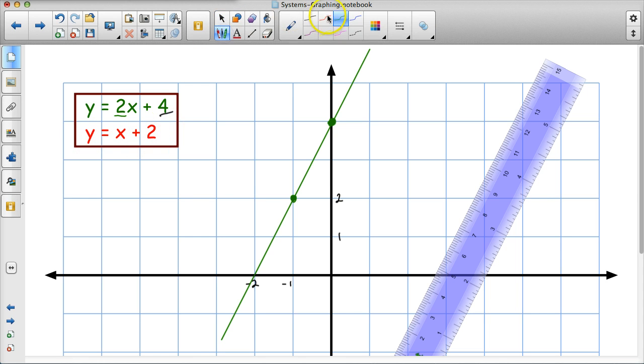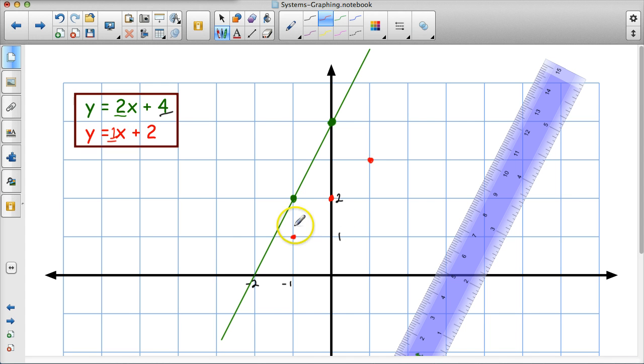I'm going to go through the same procedure. So I graph my y-intercept of 0, 2. I have a slope of 1 because there is no coefficient in front of x, so I know that 1 can be written there. That means that from my y-intercept, I can go up 1 and to the right 1, or I could go down 1 and to the left 1.